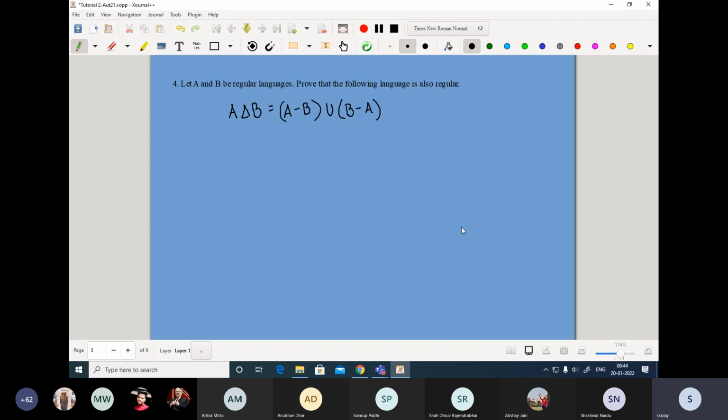You have to prove that A symmetric difference B, which is A minus B union B minus A, is also regular. So how will you prove this?